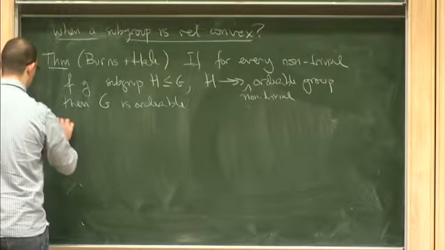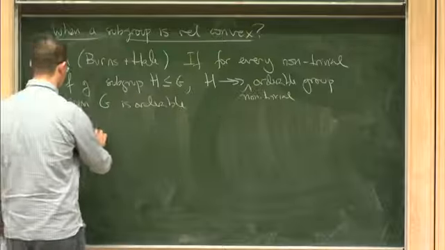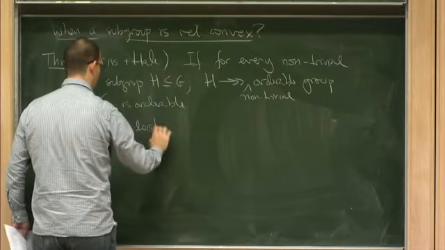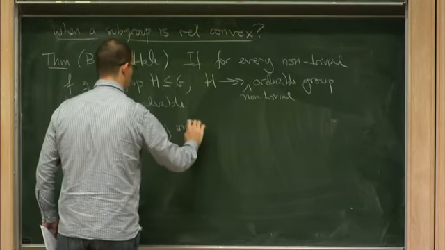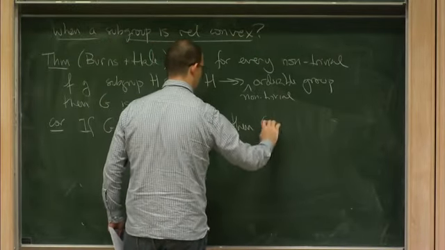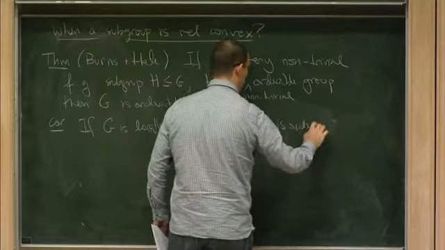And I guess a corollary that I like is that if G is locally indicable, then G is orderable.